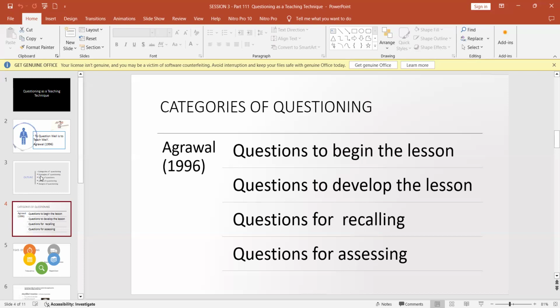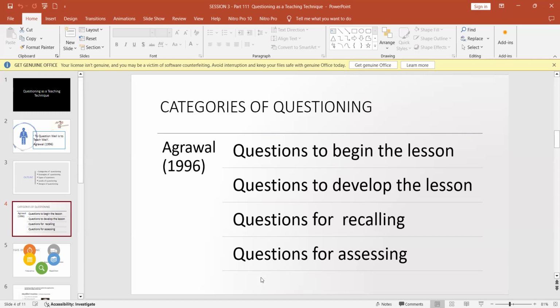Right. Then, according to Agrawal, teachers ask questions for recalling. What is meant by recalling? To check whether the students can recall or remember. Definitely, yes. Checking their memory, whether they have understood, whether they have actually remembered.